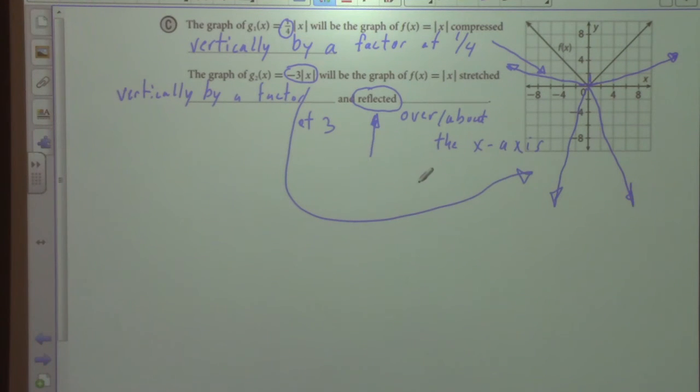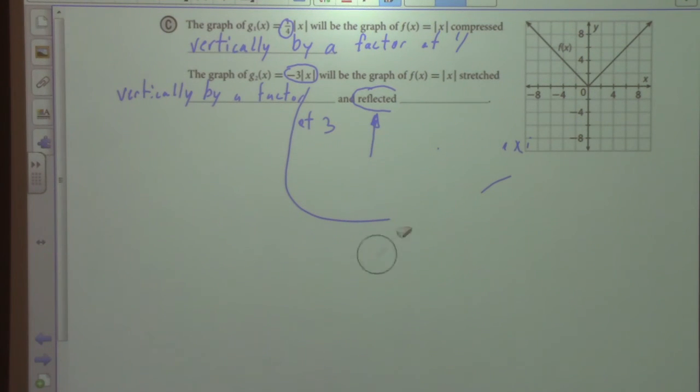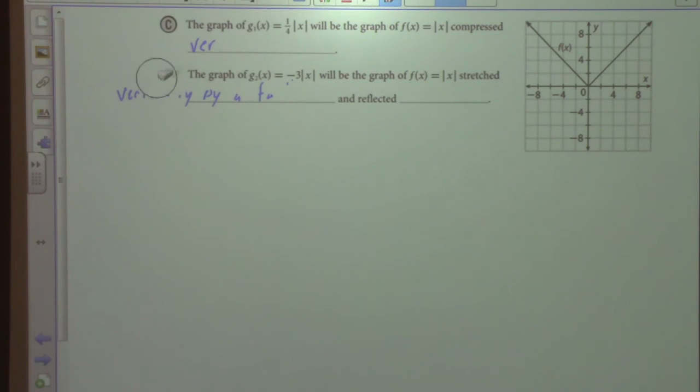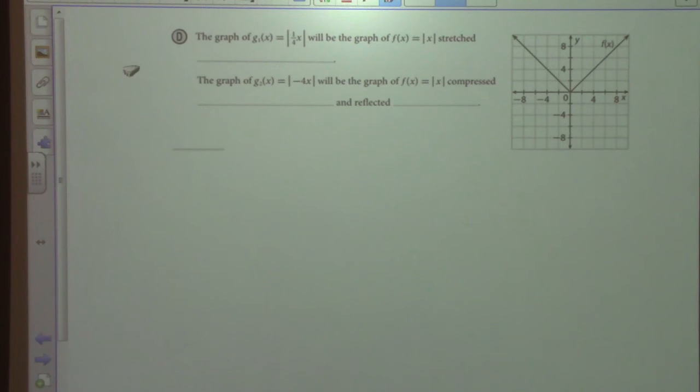Let me erase this again. Now, this one here, they're trying to say stretched horizontally, but with this 1/4, there's nothing that keeps you from pulling it outside.